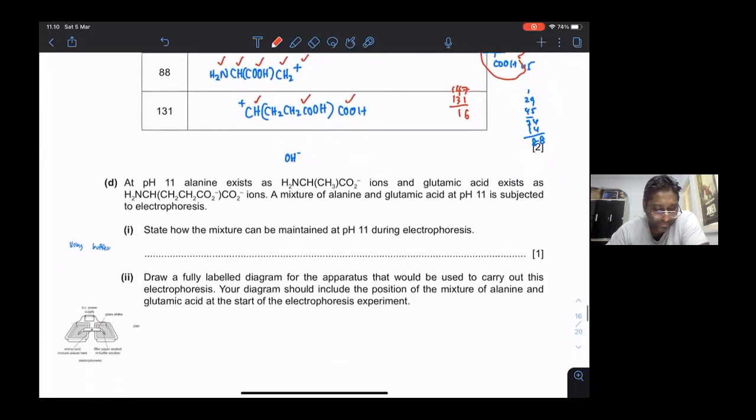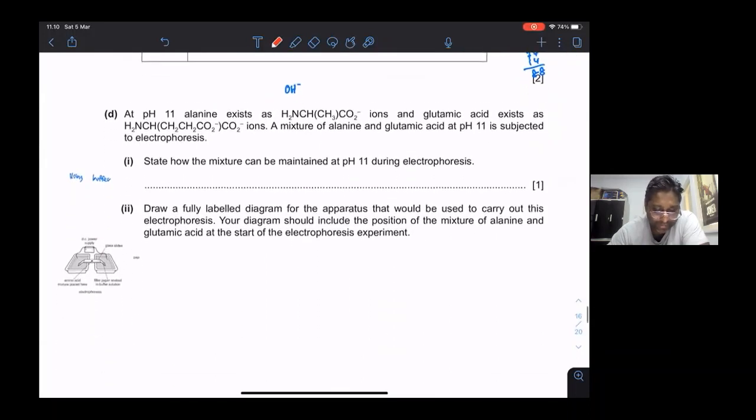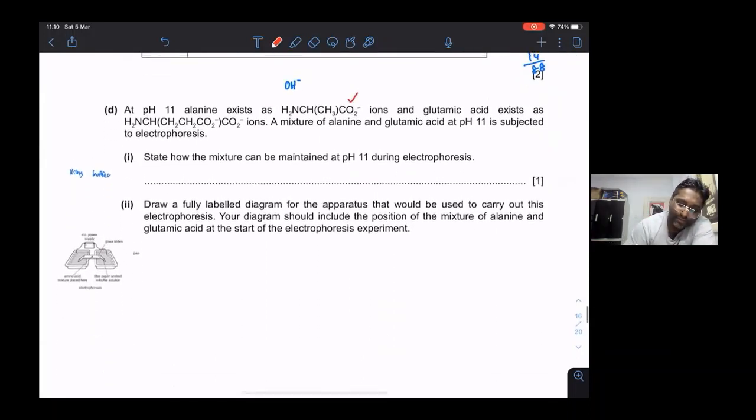So at pH 11, alanine exists in this form. Normally they exist as zwitterions, but because of the buffer solution they are going to give you different charges. So you have glutamic acid here; from what they have given, this is -1 charge, and this is going to be -2 charge.